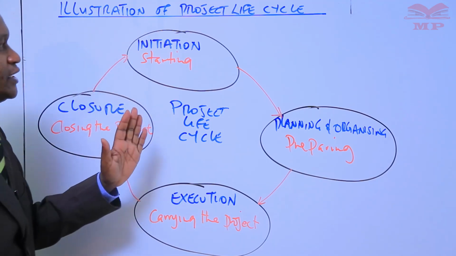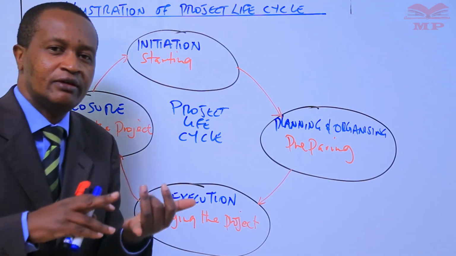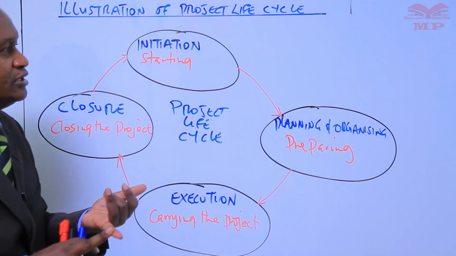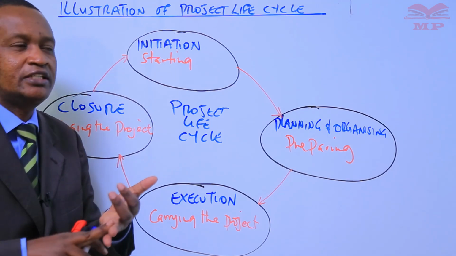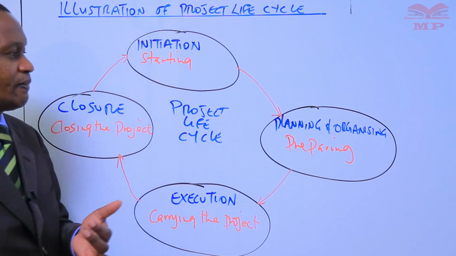So that is what takes place at the initiation of the project. Number 1, the business case document is prepared. Then there is a feasibility study that has to be undertaken.